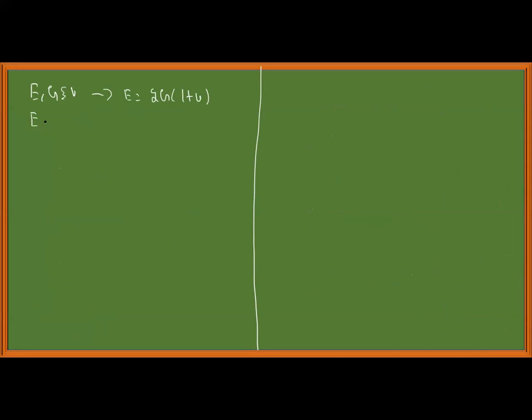Relationship between E, K, and nu, which is E is equal to 3K into 1 minus 2 nu. The third one is relationship between E, G, and K, which is E is equal to 9KG by 3K plus G. Any one of the derivations can be asked in the examination.